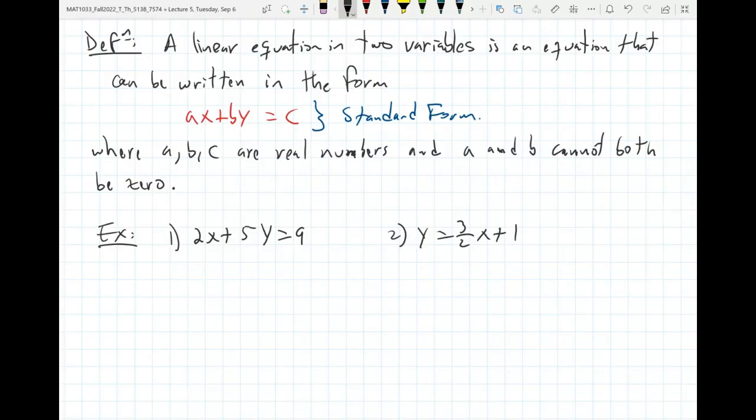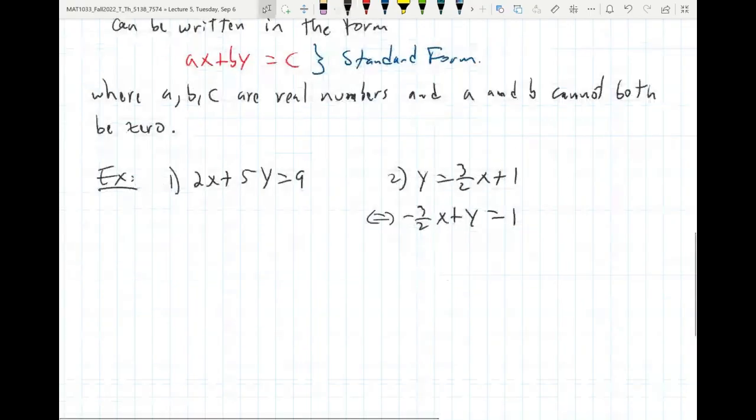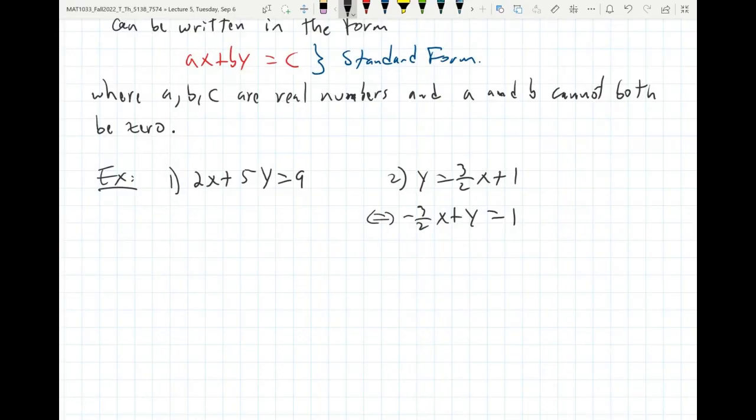For example, I could move the 3/2 x to the left, and I could rewrite this as -3/2 x plus y equals 1. And now this has a form that we have in the definition. Here a will be -3/2, b is going to be +1, that's the coefficient of the y, and c is equal to 1. Okay? So these are examples of linear equations in 2 variables, and our job is to solve these guys.